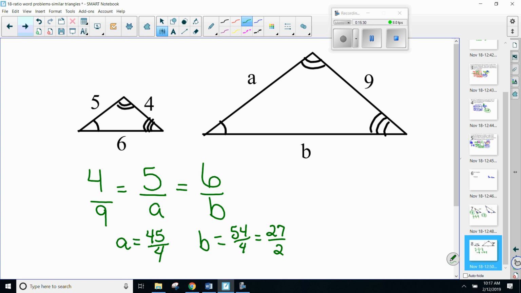So you're going to go 9 times 6 and divide by 4. 54 fourths, 27 halves. And 54 fourths or 27 halves is greater than 45 fourths. So it's in ascending order.